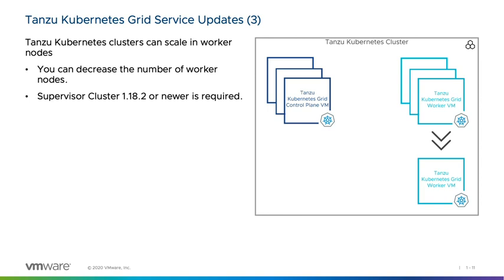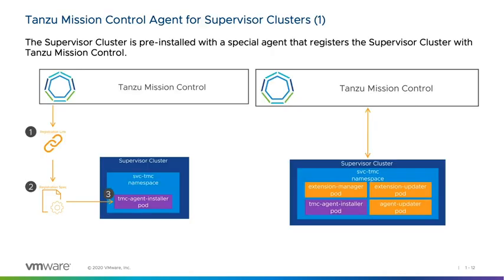In vSphere 7 Update 1, the supervisor cluster is pre-installed with a special agent that allows it to register the supervisor cluster with Tanzu Mission Control. To register a supervisor cluster with Tanzu Mission Control, first a registration link is generated from Tanzu Mission Control user interface.